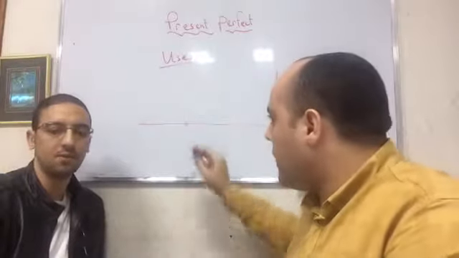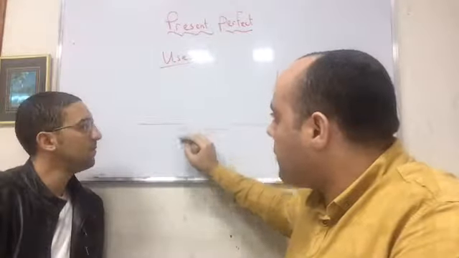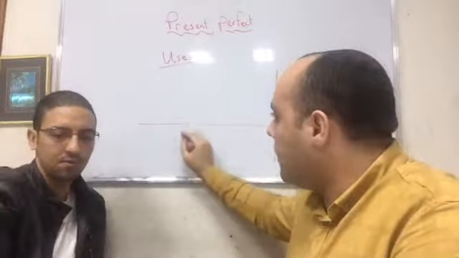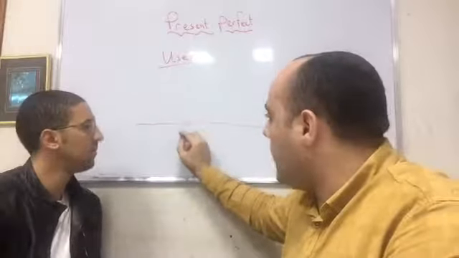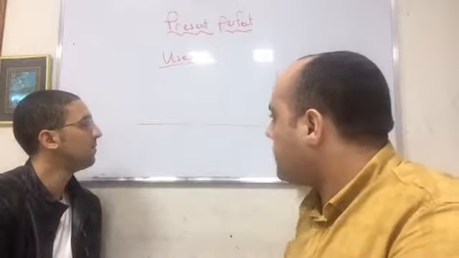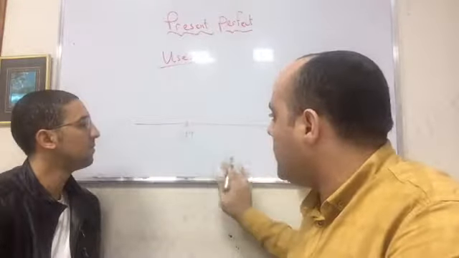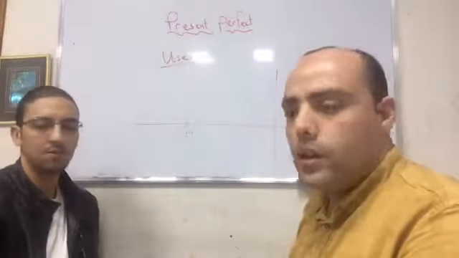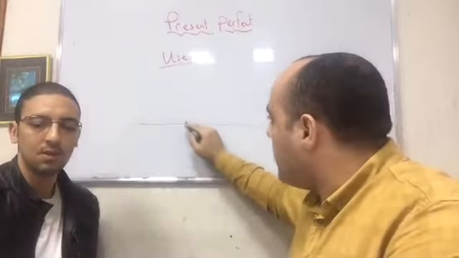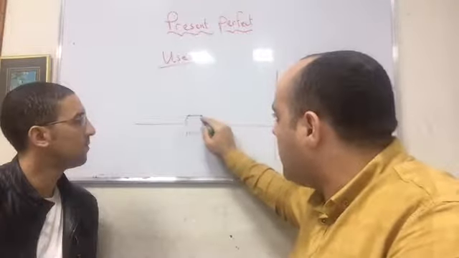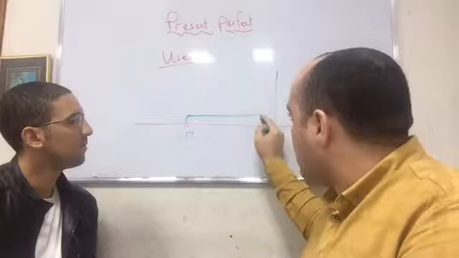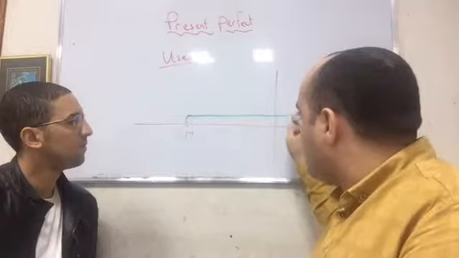For example, an action started in the past, at that point here. Maybe it happened in 2016 or 17, so it is an action in the past, and it is still happening till now. So the action is continuous, or the action is still true, still in the present.